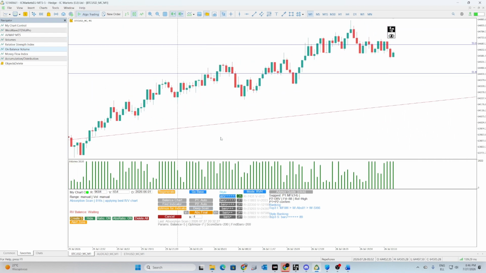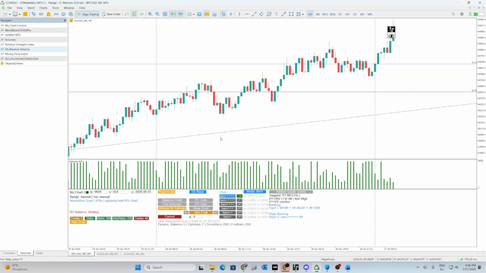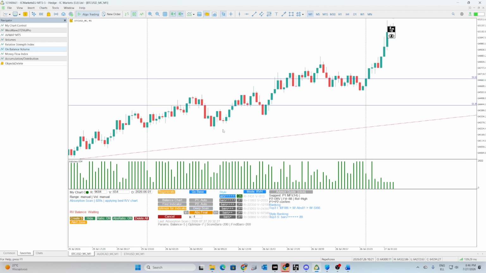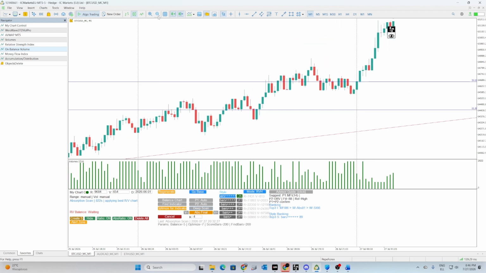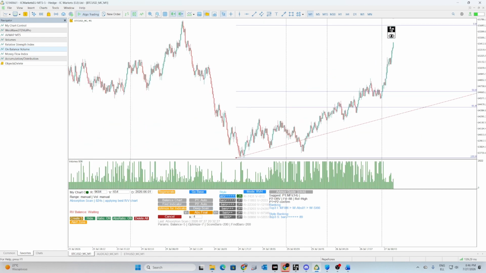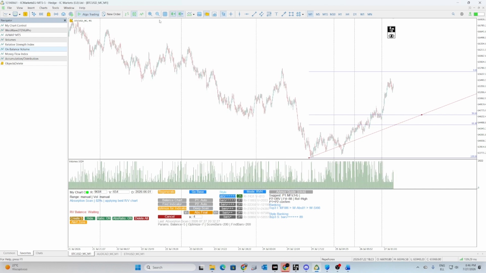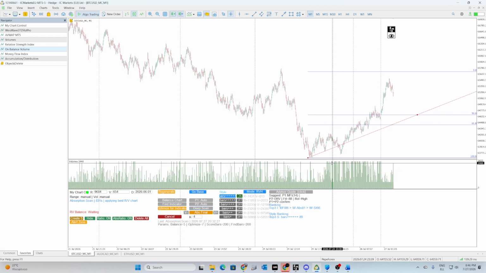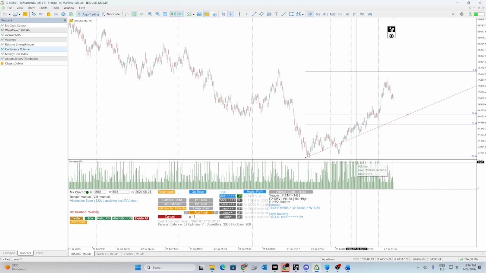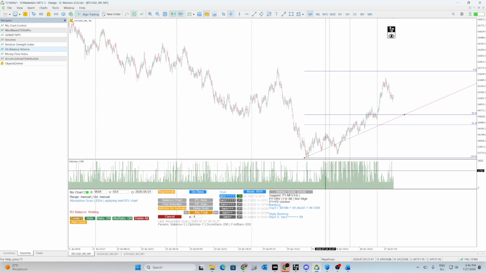Now then, let's look at Bitcoin. Come on. There we go. We're finishing 26th, 27th. Okay. See the clusters again. Look what happened here. Look what happened after this drop.